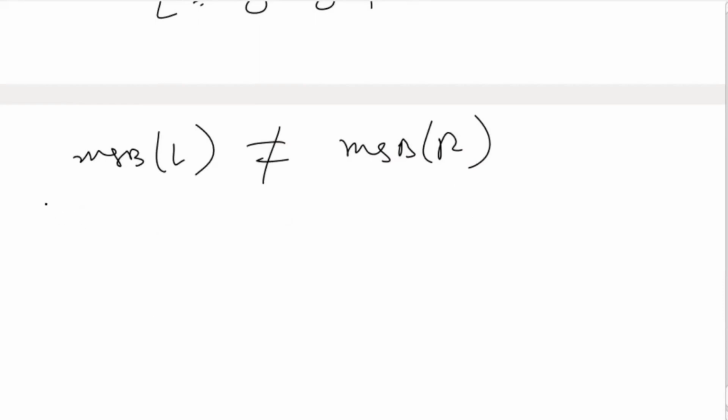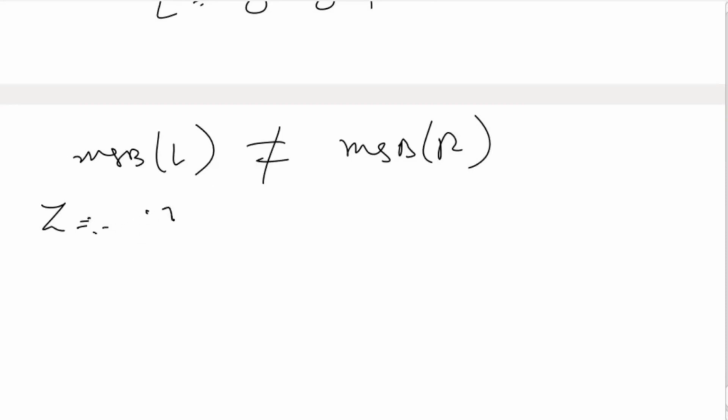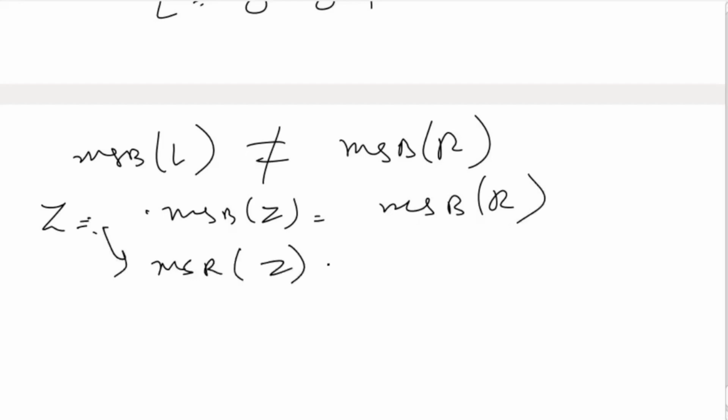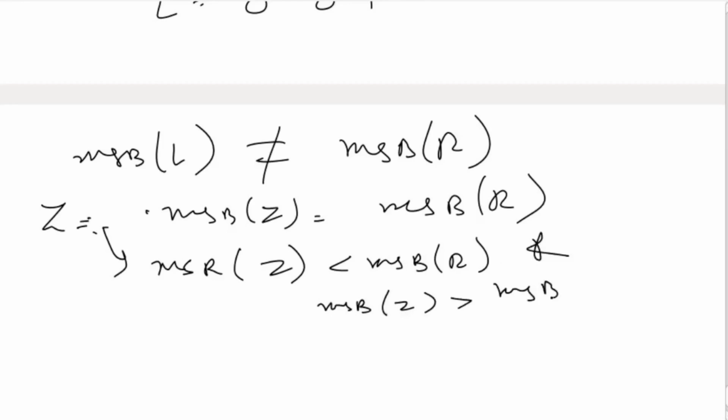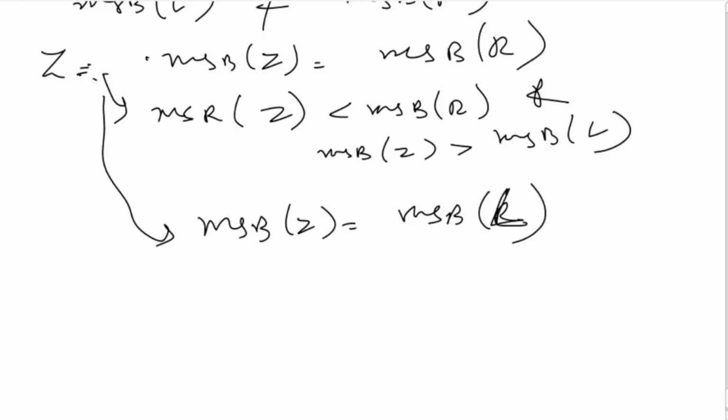So we can have 3 different values of z. One is MSB of z equal to MSB of R, then we can have some solution, and then MSB of z less than MSB of R and MSB of z greater than MSB of L, and another case can be MSB of z equal to MSB of L. So you can confirm that z will be one of these 3 different cases.